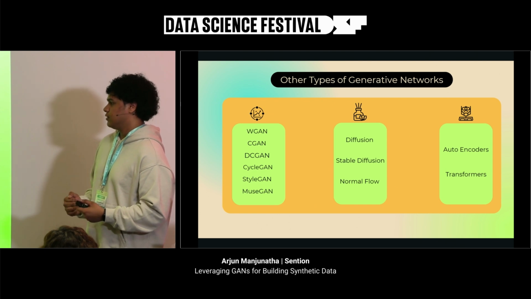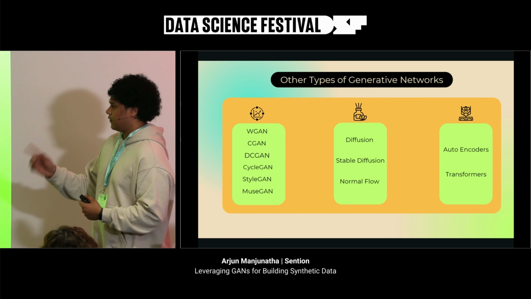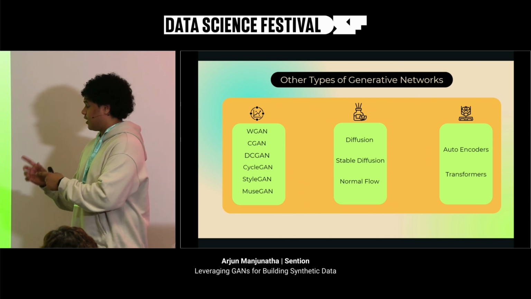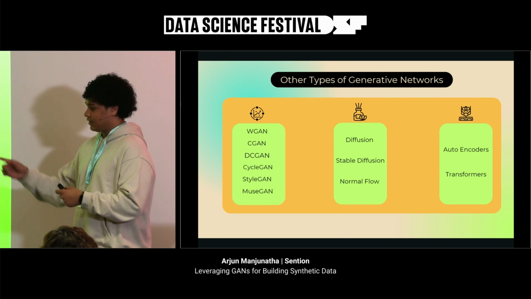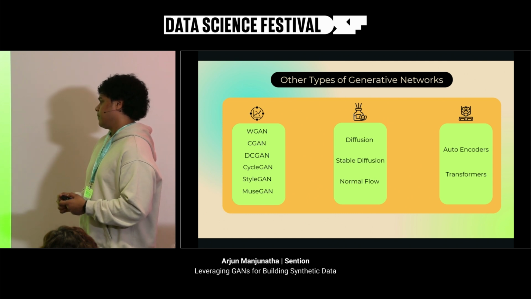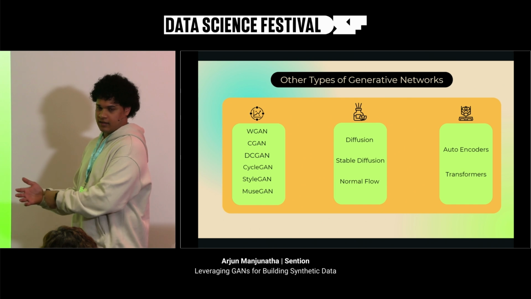MuseGAN is used for audio and generating music. If you've seen pictures of dogs wearing spacesuits or snowboarding, these are usually generated by stable diffusion. Transformers: the underlying architecture of every large language model is transformers.